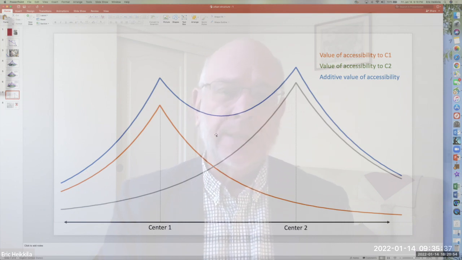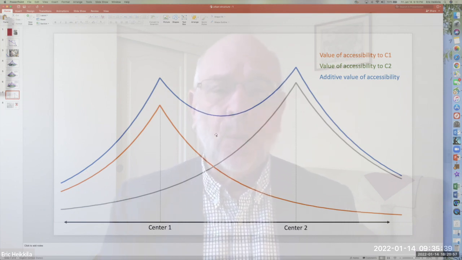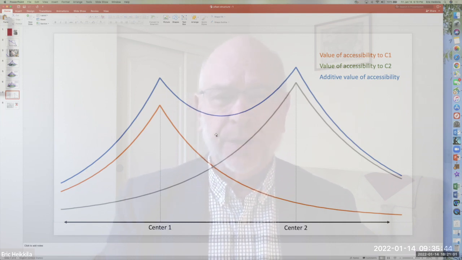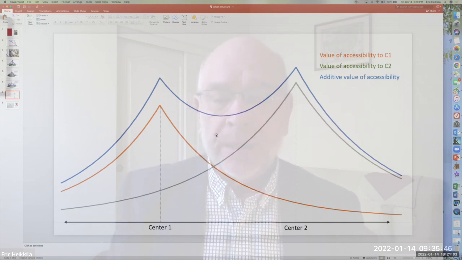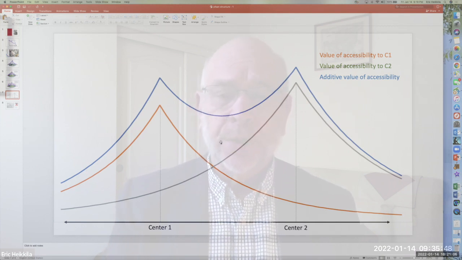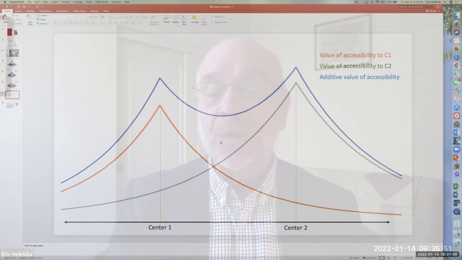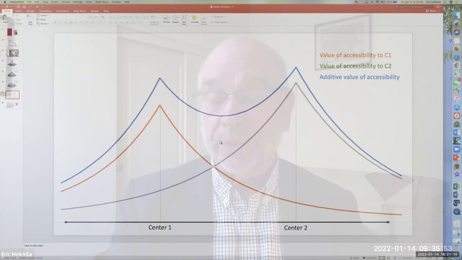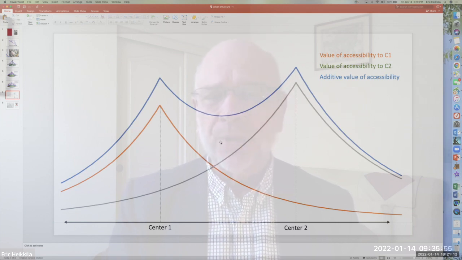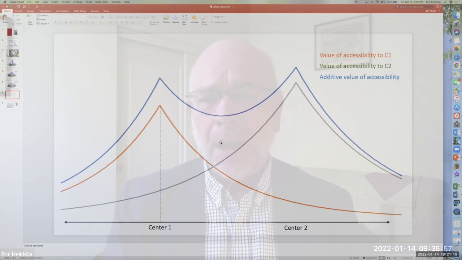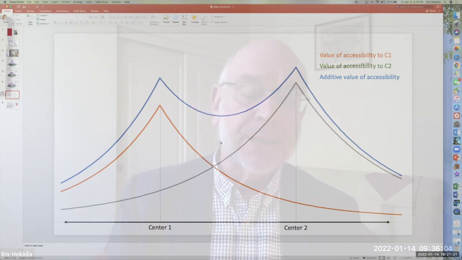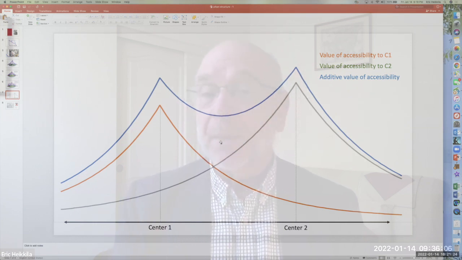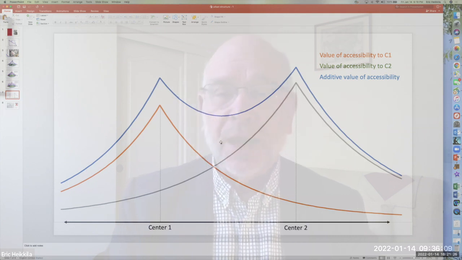And the basic idea is as represented here, where it's a kind of additive, that if you're somewhere in the middle between center one and center two, there's a kind of value associated with both. Now, if these centers were in some ways redundant, so that going to center one and going to center two is essentially the same experience, having a second center is not likely to have as much advantage.